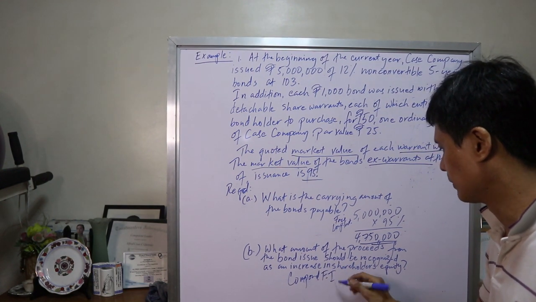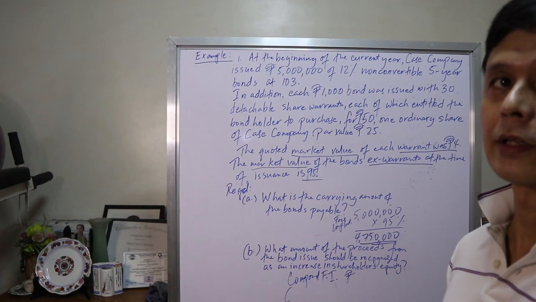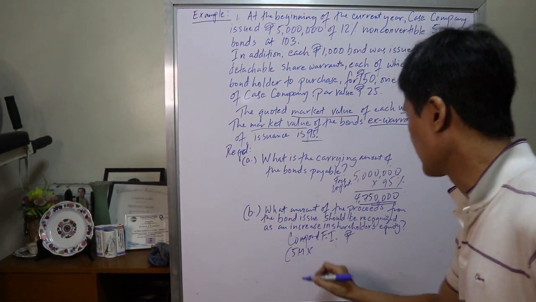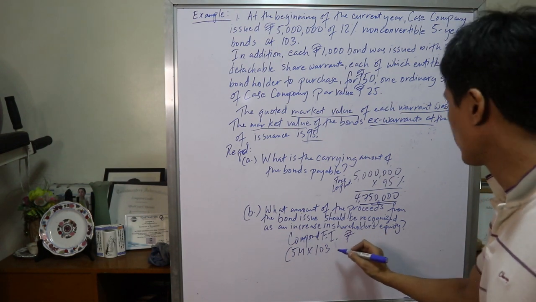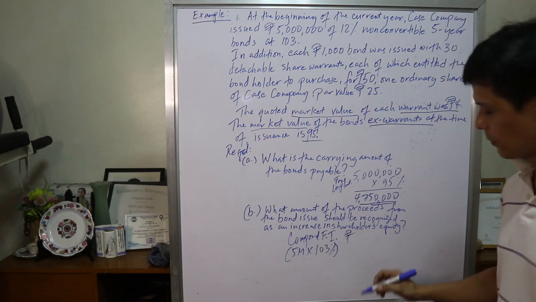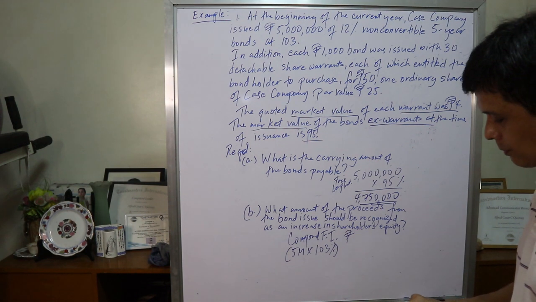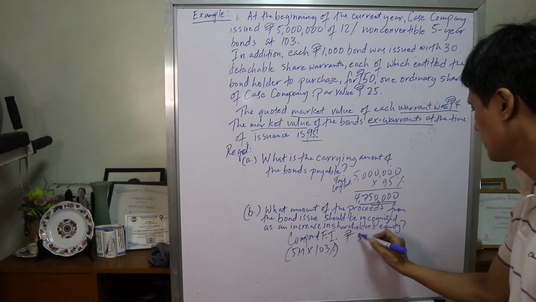So pag-compute niyan is, baba natin konti. This is 5 million times 103, or 103%. Ito kailangan na ng calculator dito, so para hindi tayo magkamali. So this is 5 million times 1.03. So this would be 5,150,000.